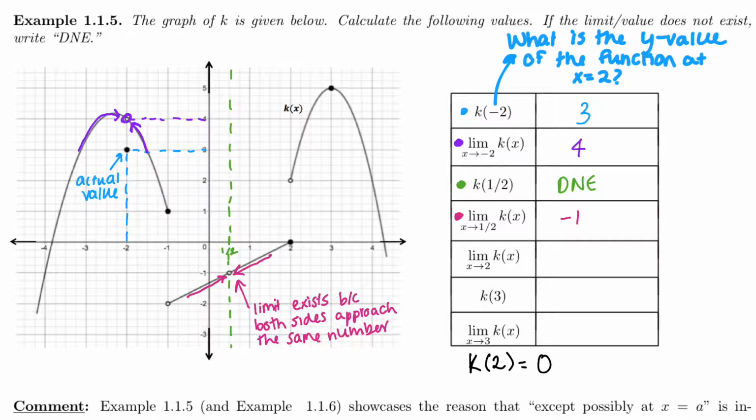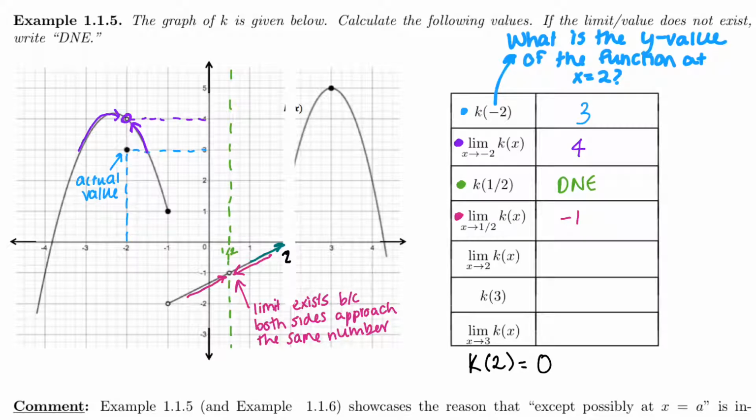However, if I white out this area, and all I tell you is that 2 is right here, and I trace from the left, it kind of looks like it should be at 0.